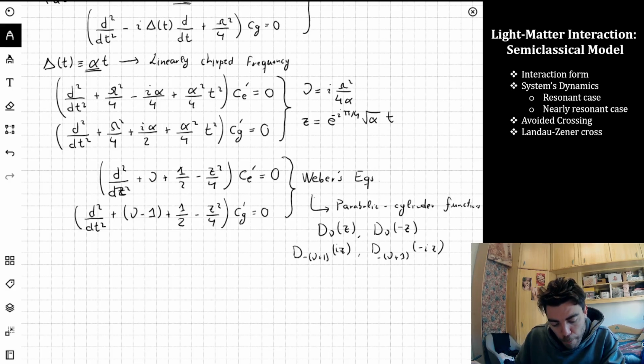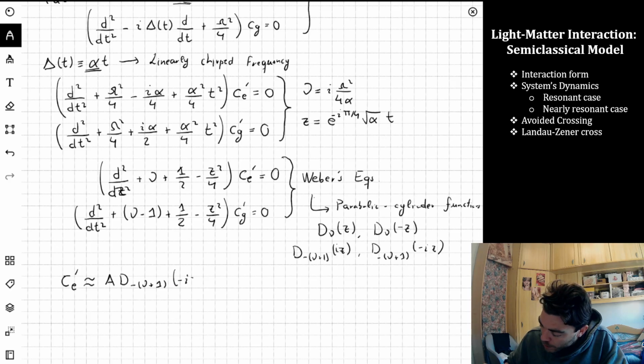Okay, so these equations can be analytically written, but they become very involved. Under some approximations, these equations are basically of the form a D nu plus 1 of minus iz.